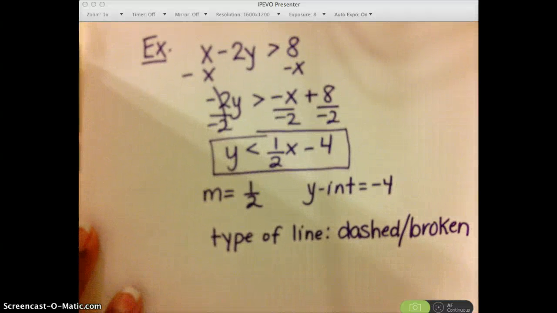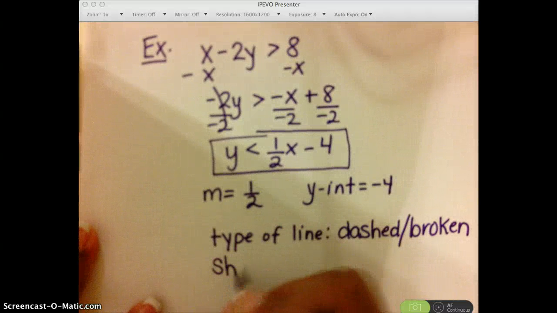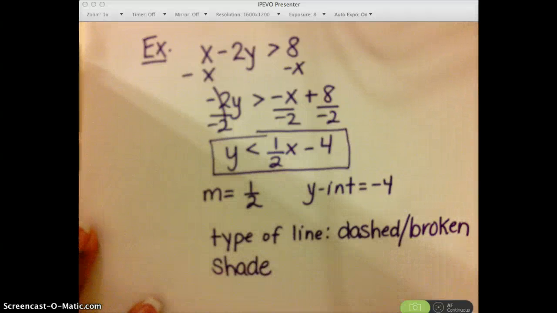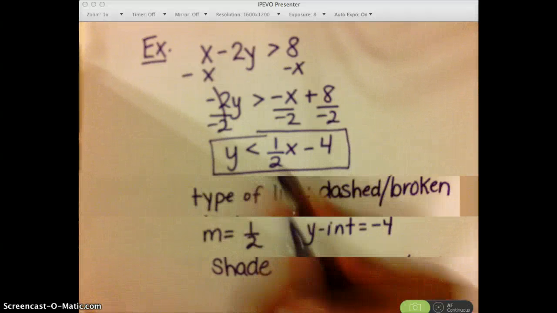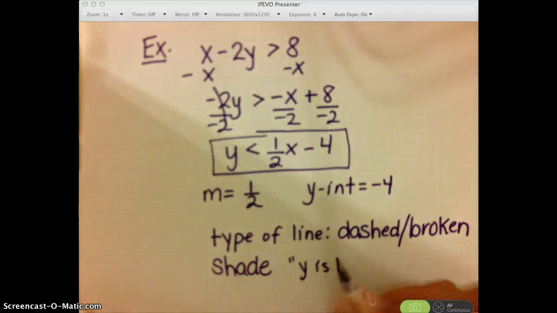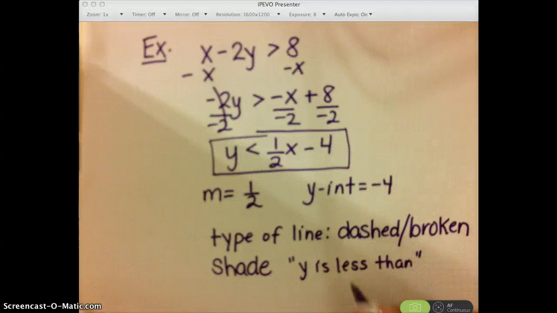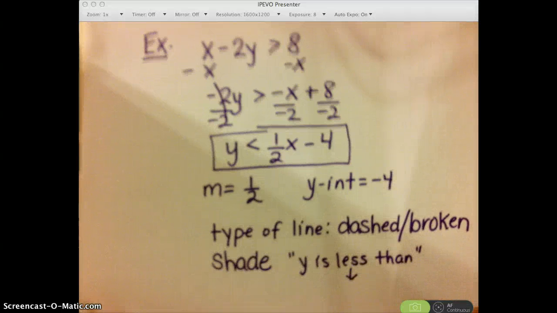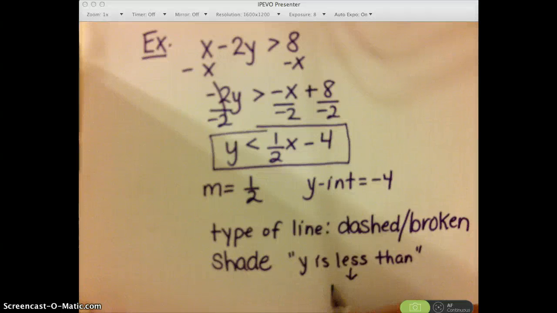Okay? And then we got to decide where to shade. It says less than. It reads y is less than. With less than, that means that we're going to shade below or left.